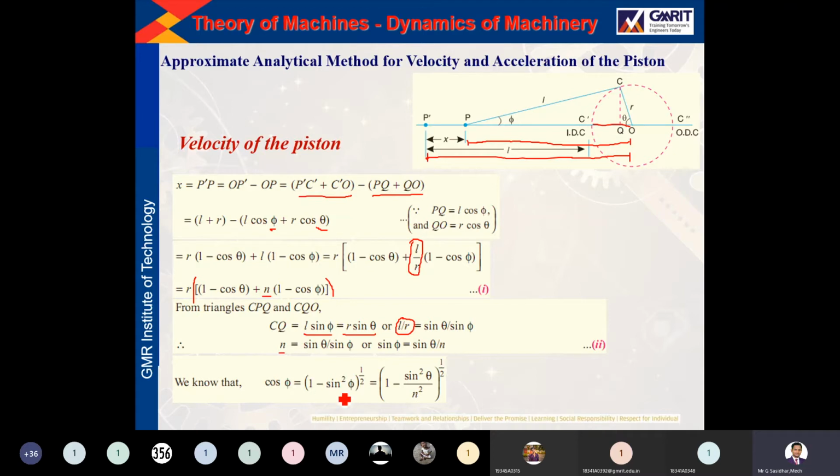So from that basic trigonometry, cos phi equals the square root of 1 minus sin square phi. And sin phi equal to sin theta by n. Now substitute sin phi here, that is sin theta by n. It will become the square root of 1 minus sin square theta by n square.